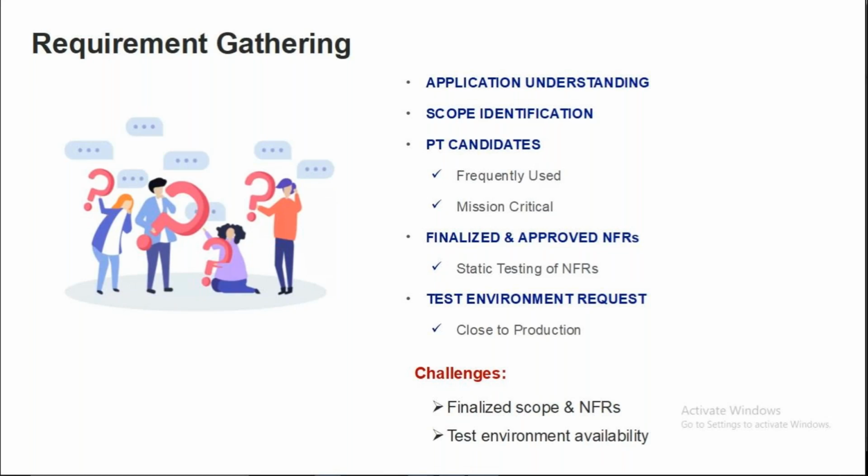These are the scenarios which will be called mission critical. Those scenarios are critical for our mission. Our mission is that the application should work fine with good response time, scalability and reliability, right?